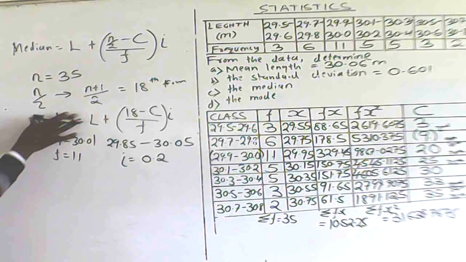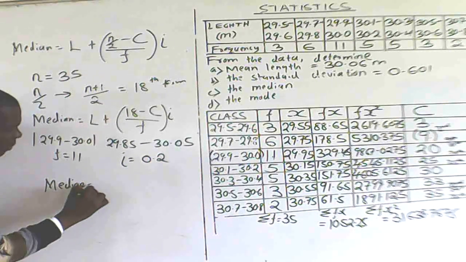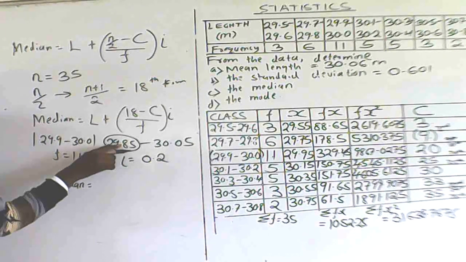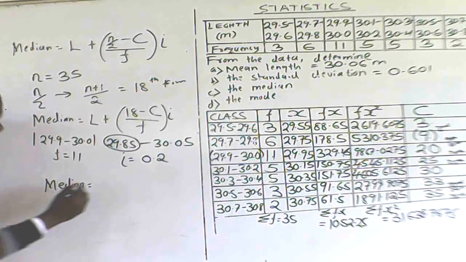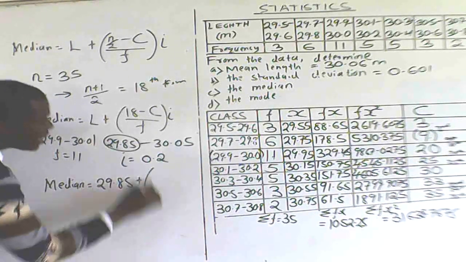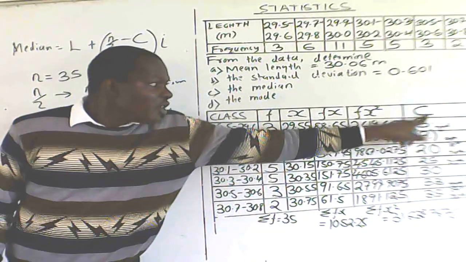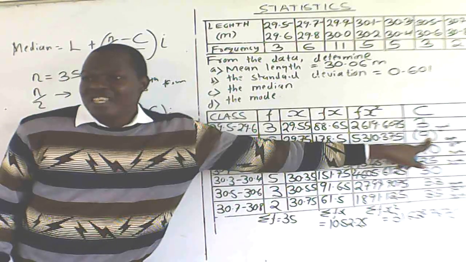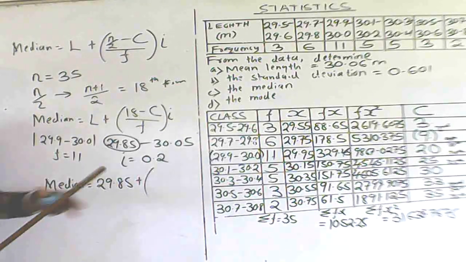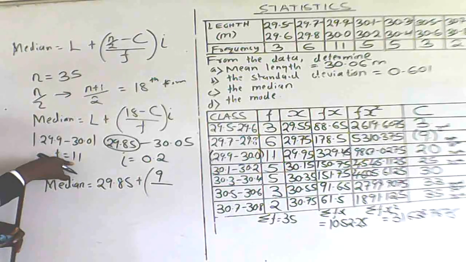Now the only thing left to get the median is to substitute the values we found. So the median is the lower class limit of the median class, which we have found to be 29.85, plus 18 minus C over F, times I. C, the cumulative frequency of the class above the median class, we found was 9, so it is 18 minus 9, which is 9, over F. F we found to be 11.